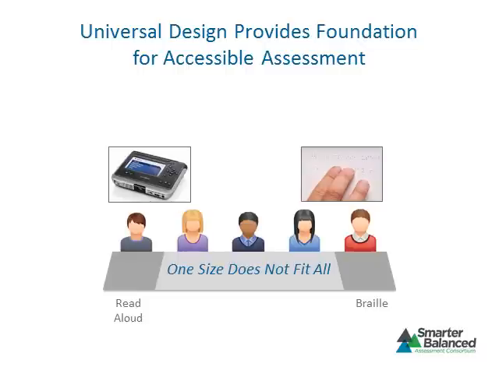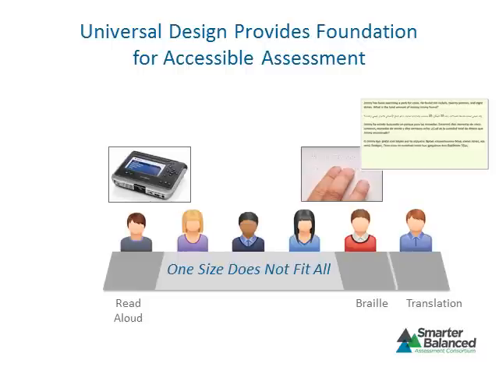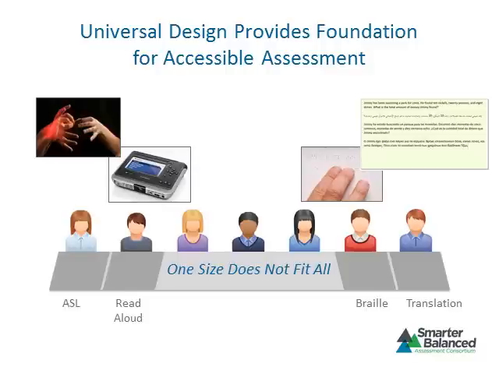Similarly, for students who have difficulty decoding text or who may be unfamiliar with the spelling or pronunciation of some words, another accessibility extension may present text-based information in a spoken or read-aloud form. For students who have recently begun to learn English, another extension might present the item or task in their native language. Additional extensions might include tactile representations of graphics and presentation of content in American Sign Language.